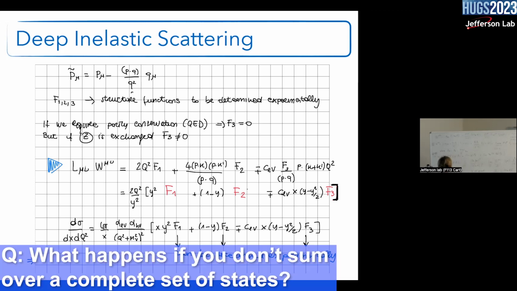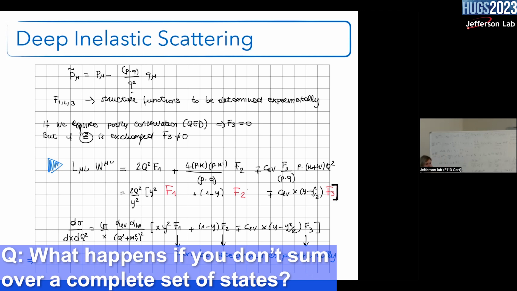The derivation for the hadronic tensor, at one point you insert the completeness relation, the complete set of final states for the hadron. Does that have any impact on why experimentally you only measure the electron and not the X? Exactly. So if you don't sum over that, the conditions that you put on the generic structure are more complicated, in the sense that you have, I think, more Lorentz structures than the one you write there.